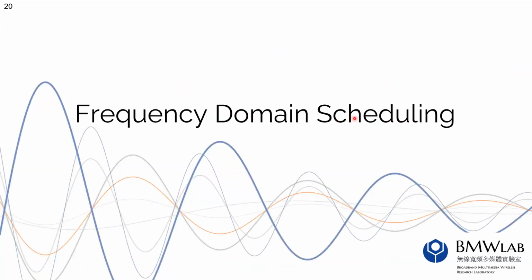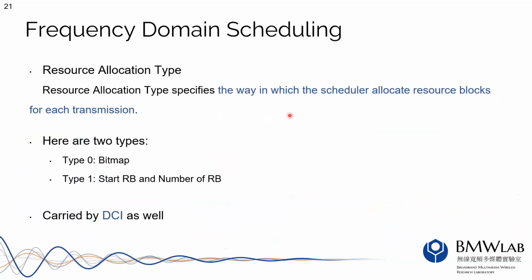Okay, and in this part we can talk about the frequency domain scheduling. For frequency domain scheduling, we all know that the scheduler will allocate the PRB to the UE, but how does the scheduler allocate the resource blocks for each transmission?